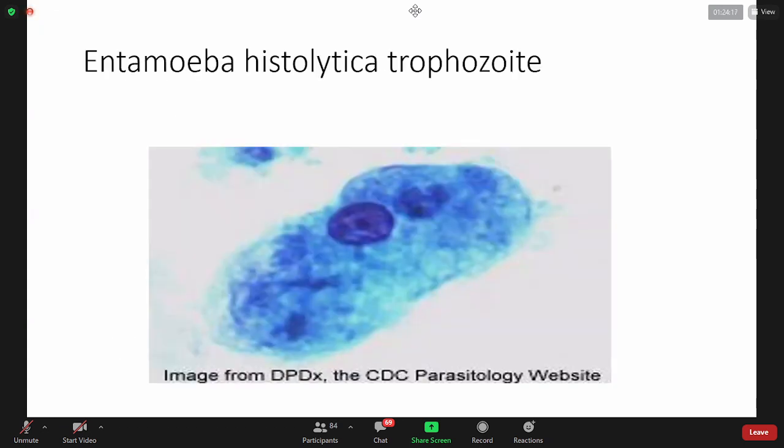So this is the appearance of Entamoeba histolytica trophozoite.